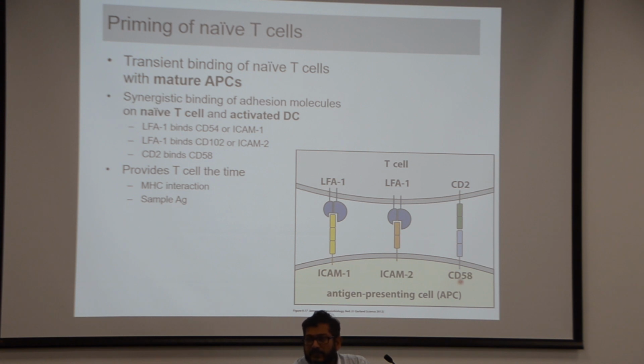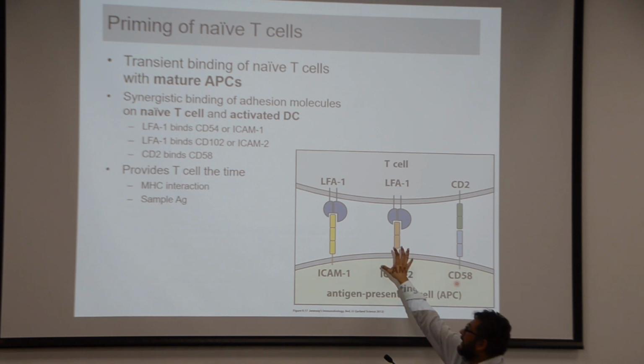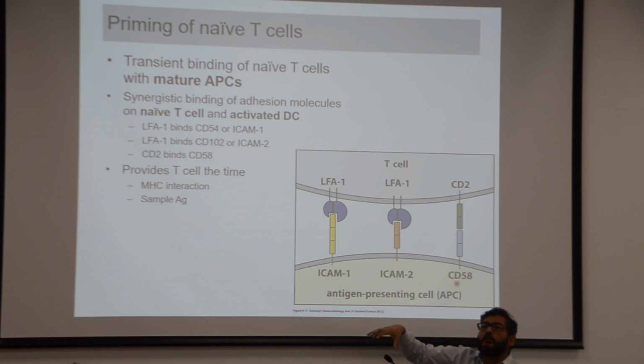along with CD58. So think about it like this, if you're in the shower, old people when they slip, it's just because the soap comes in between and they cannot hold on. So think of this as weak interaction. It's just like your shoe giving you grip to walk on the ground. It's not a fixed interaction, but it is an interaction that still has some amount of adhesion, so things don't just fly off.